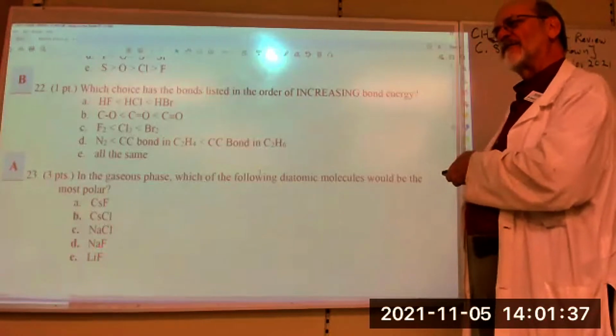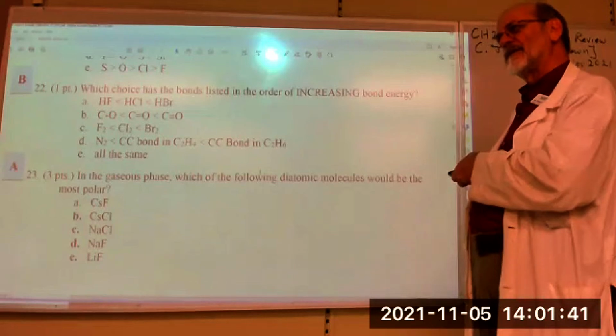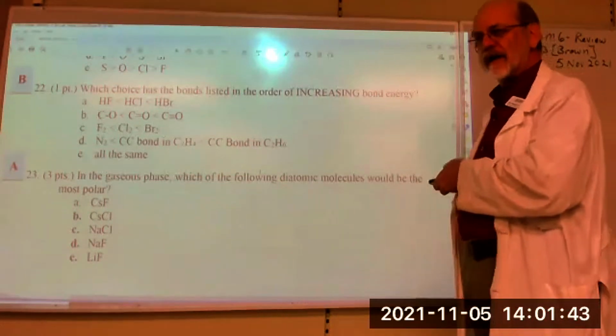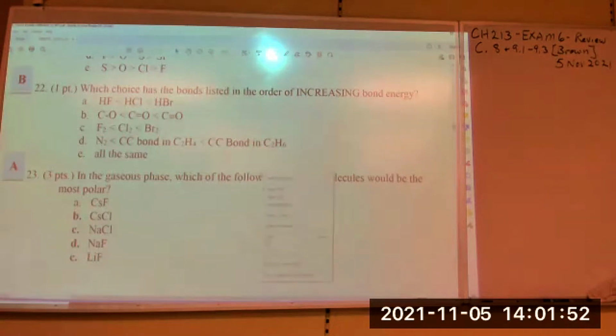I'm not sure about francium. It might be pretty close to cesium, right below it. Let's see. Ah, here we go. Okay, it's not printed too small. I might be able to read the electronegativities off of it.